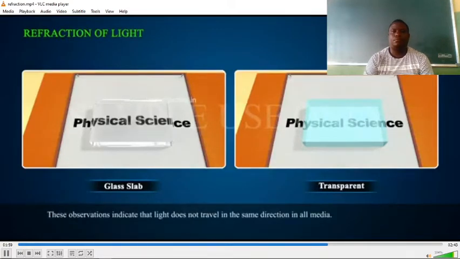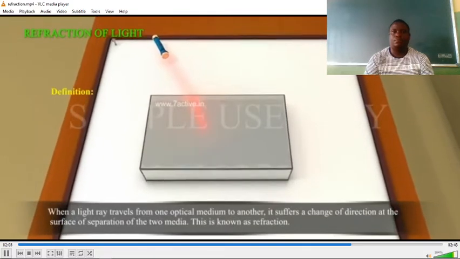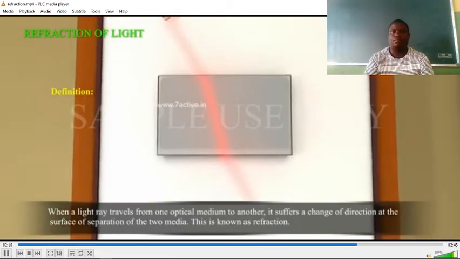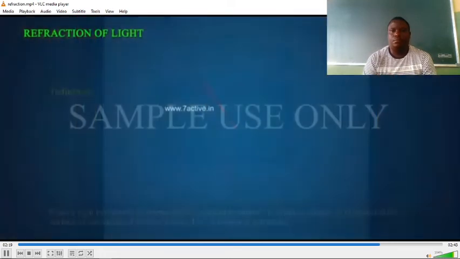These observations indicate that light does not travel in the same direction in all media. Definition: when a light ray travels from one optical medium to another, it suffers a change of direction at the surface of separation of the two media. This is known as refraction.